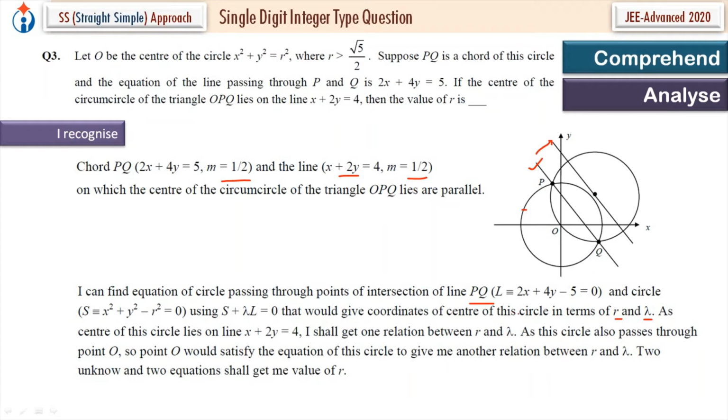So I can find the center and I put in this equation, I'll get one relation between R and lambda. Now, as this circle also passes through origin, so point O, origin will satisfy the equation of this circle to give me another relation between R and lambda. So two unknowns and two equations shall get me value of R. That is one possible method.